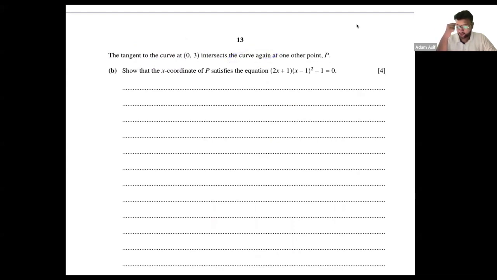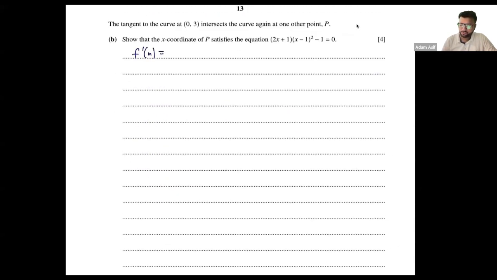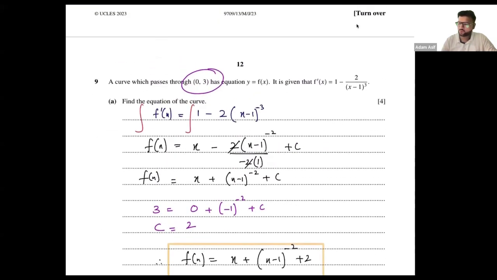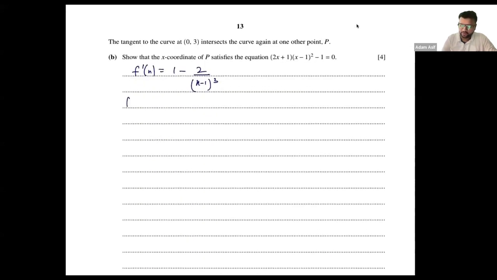Okay, so yes, first we need to find the equation of the tangent. So we have the f prime of x function. f prime of x is 1 minus 2 upon (x minus 1) to the power of 3, right? 1 minus 2 upon (x minus 1) cubed. Now to find the gradient at 0, we are going to substitute x as 0.